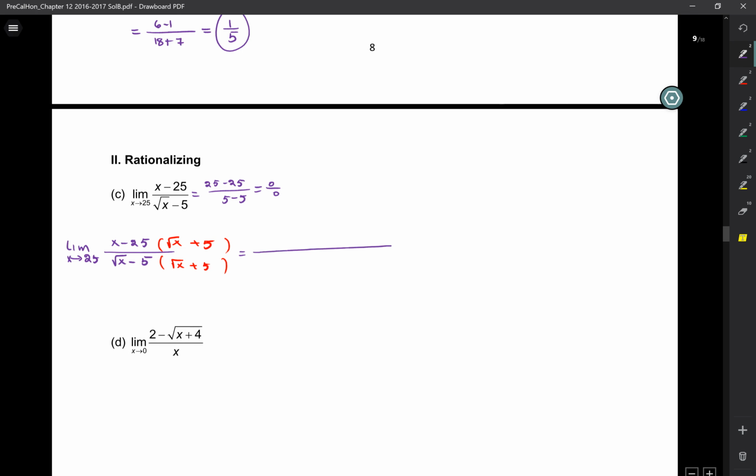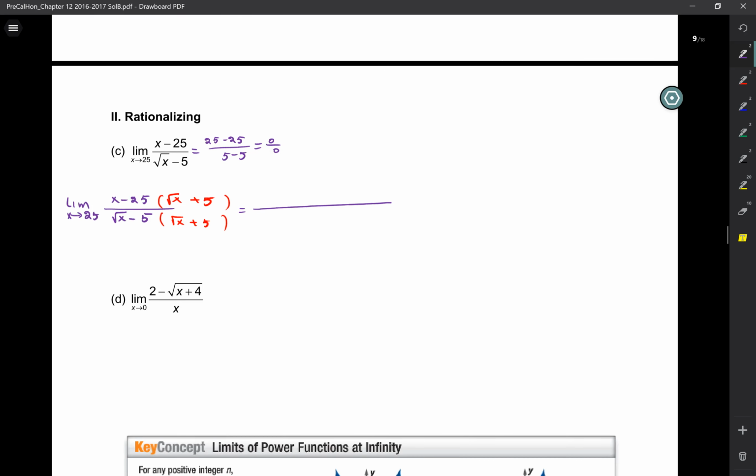And I always, every year when I do this, I just get carried away and start to distribute the top. You don't want to do that. This is a lot simpler than you think. Now, what happens in the denominator? When you have a minus b, a plus b, it's going to be the first one squared.